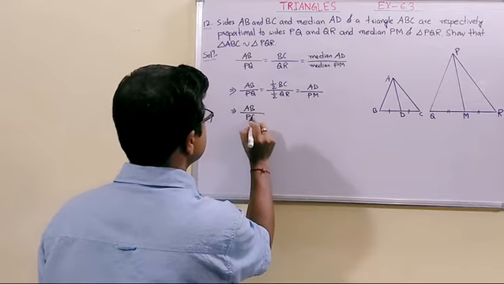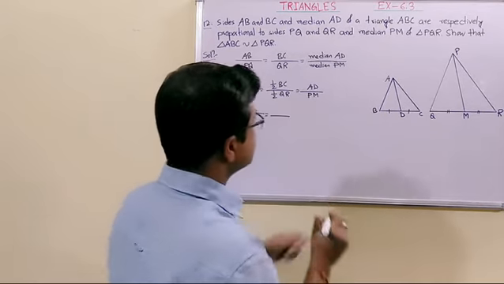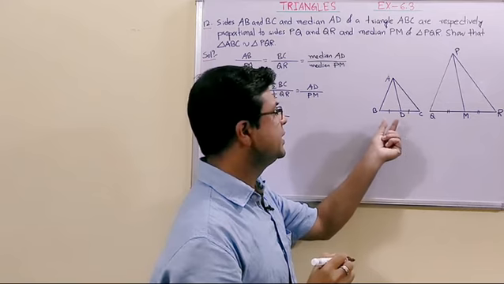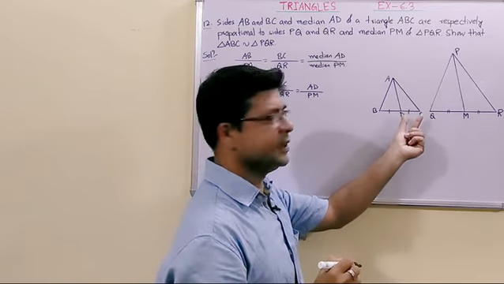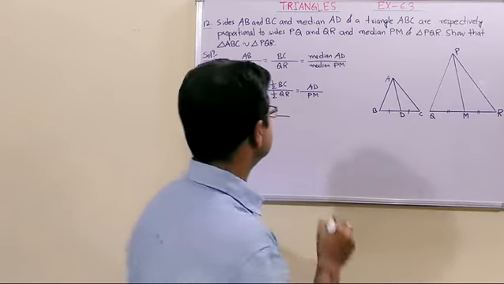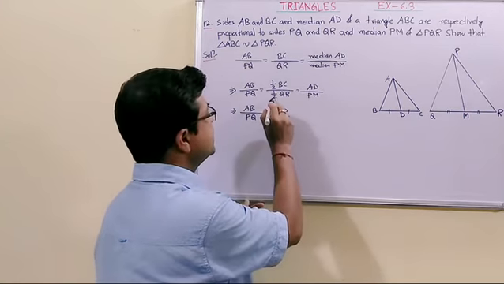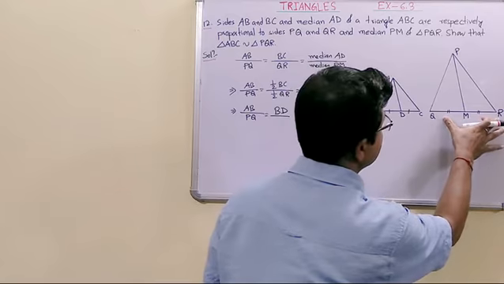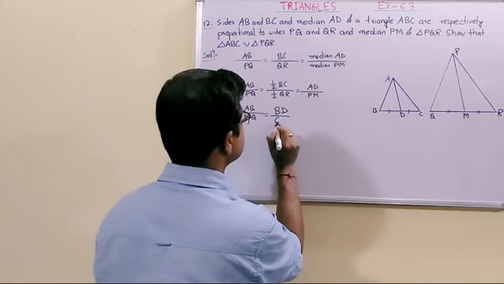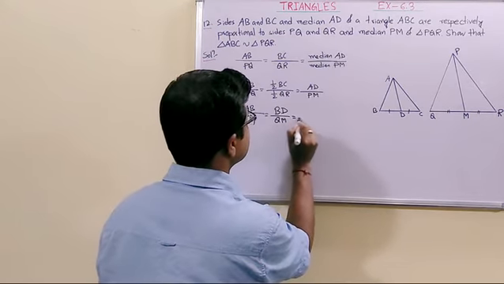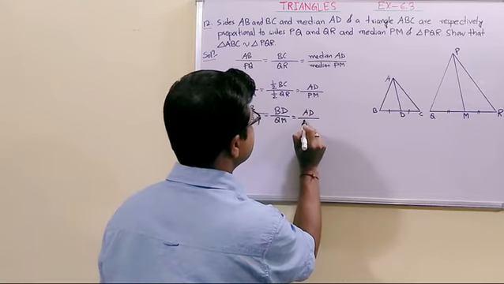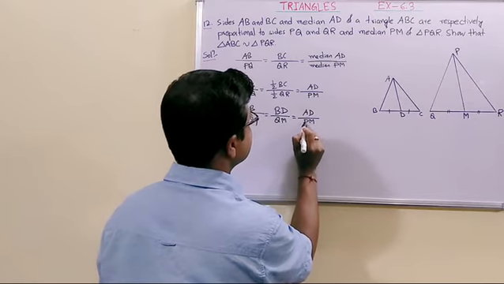Now you will understand here why we have taken this half. AB by PQ. Now students, can you say what is half of BC? Either we can write BD or DC, but we should write BD. After writing BD, here you see half of QR. Half of QR is QM, is equal to AD by PM.